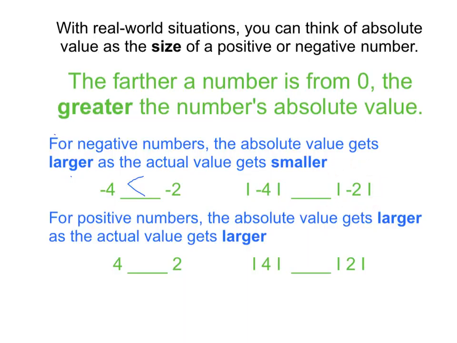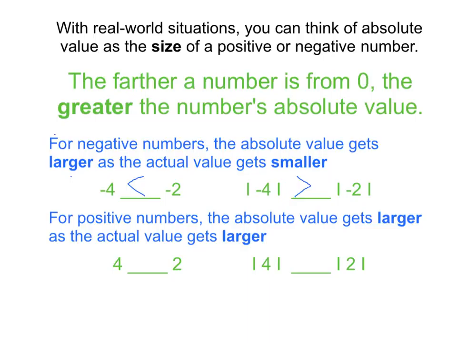We're comparing the distance that these numbers are from 0. Well, -4 has a larger distance from 0 than -2, so the absolute value of -4 is larger than the absolute value of -2. So as the actual values get smaller, and that's what we're showing here, this is smaller than this, the absolute value gets larger. This absolute value is larger than this.